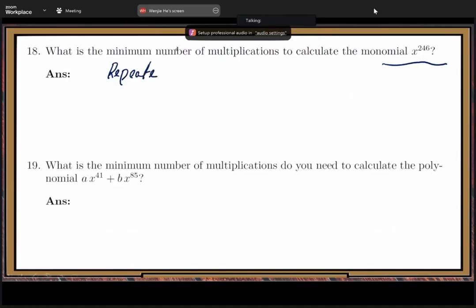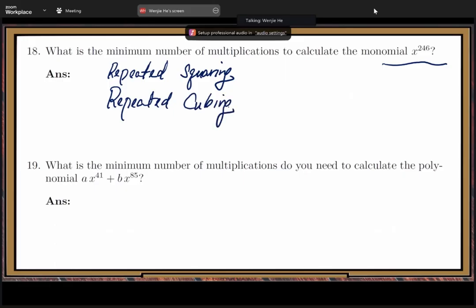But in class, I have one topic I didn't cover, a similar technique called repeated cubing. Here we may need to use this. Sometimes repeated cubing is useful.